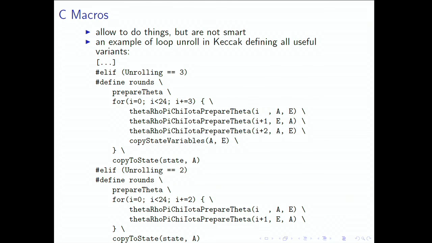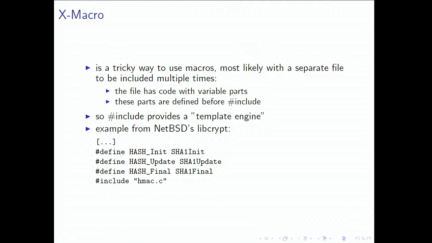In C, there are macros, and they're used a lot in John and other projects, giving great opportunities, but they are not that sophisticated. This is an example of code from the Keccak algorithm, and they use an unroll technique with different pieces of code. The X macro technique is also interesting.